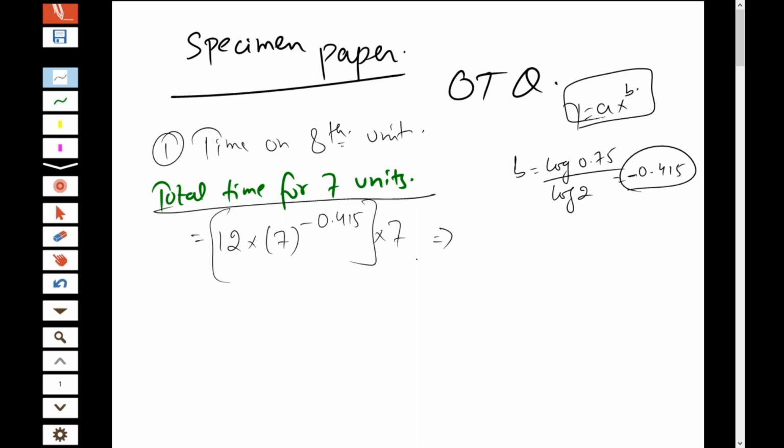What is the total time for 7 units? 7 power minus 0.415 multiplied by 12 multiplied by 7. It is 37.46 hours. And what is the total time for 8 units?